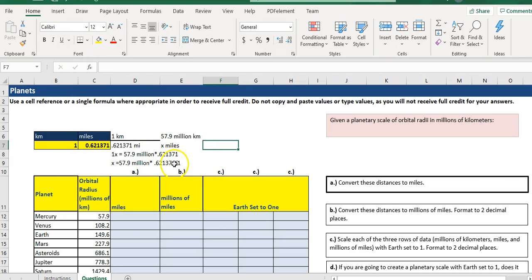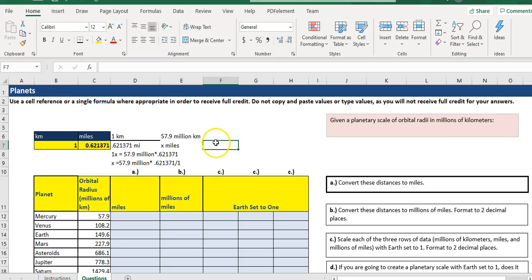So I'm going to put that all into a formula, but the trick here is that it's not just 57.9, it's 57.9 million. So I have to take the C12 and multiply it by 1 million.